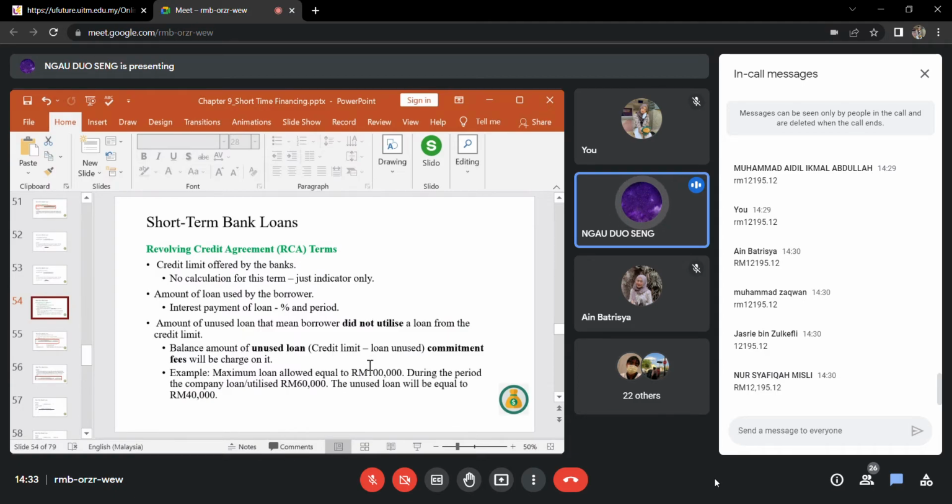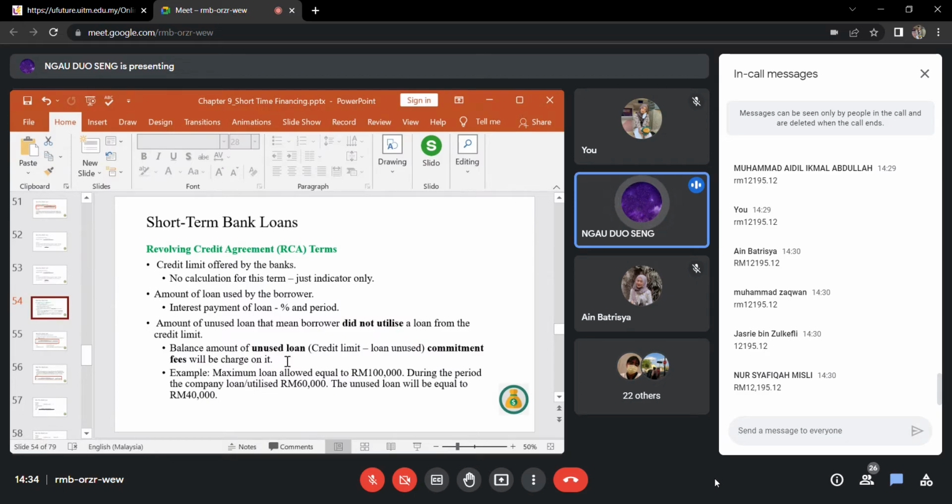Dia ada satu tempo, meaning satu expiry date. Mungkin dalam 1 tahun, sebelum syarikat perlukan duit, dia dah sign agreement dengan bank. Dalam tempoh ini kalau dia pinjam 60,000, dia akan straight away dapat, tanpa perlu tunggu. Bank akan terus bagi 60,000.